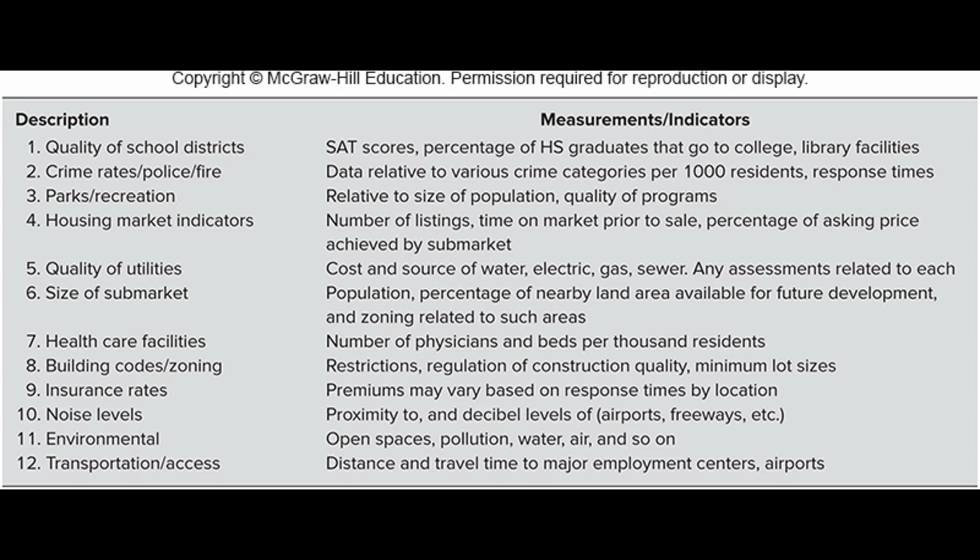And environmental: we have probably all heard stories about cleanup sites and Superfund sites. Is that an issue that may impact property values, or may have deeper effects like health issues for the residents in the long run?